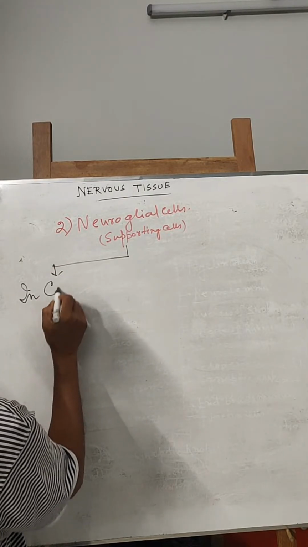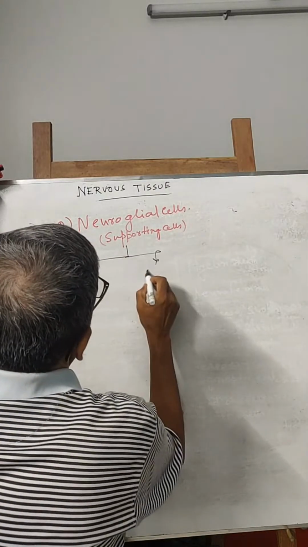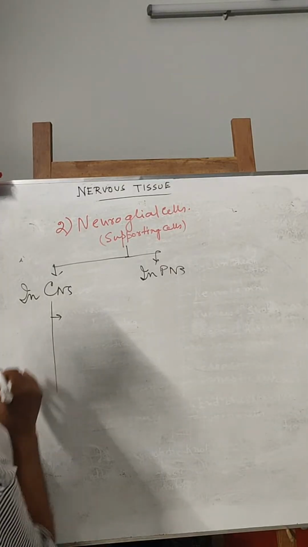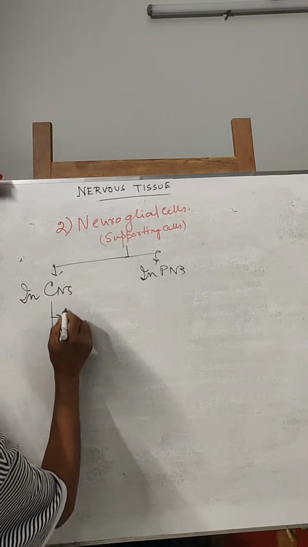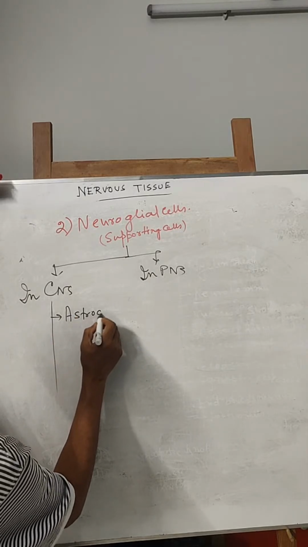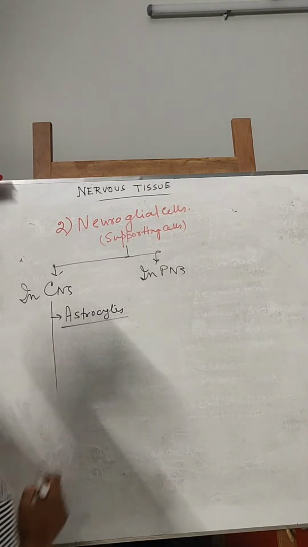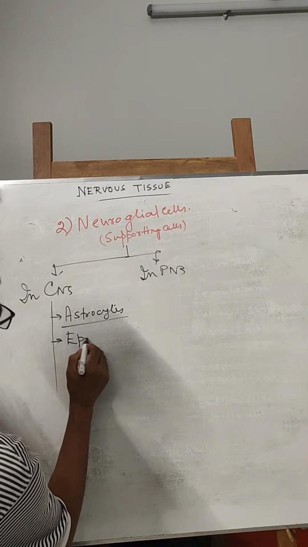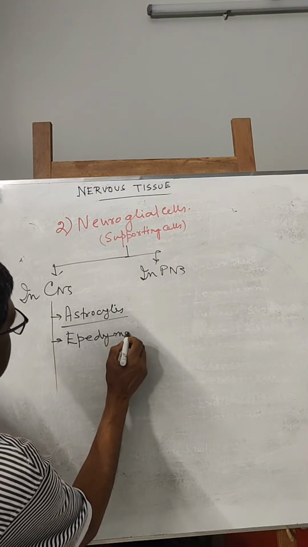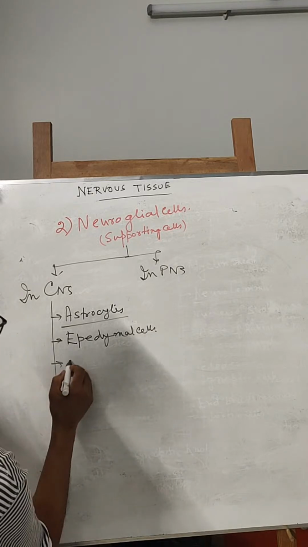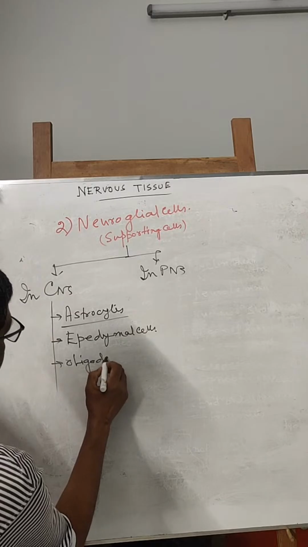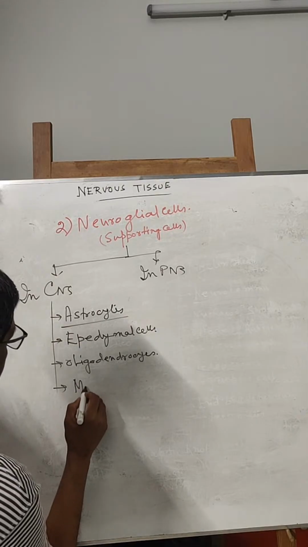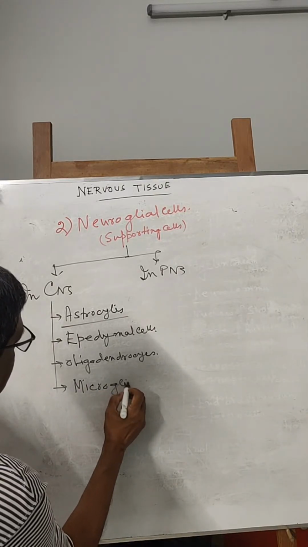In the central nervous system there are: one, astrocytes, which are star shaped; two, ependymal cells; three, oligodendrocytes; four, microglia.